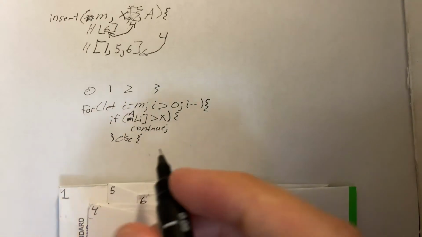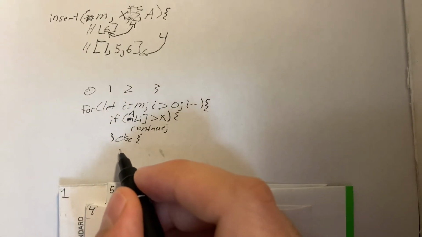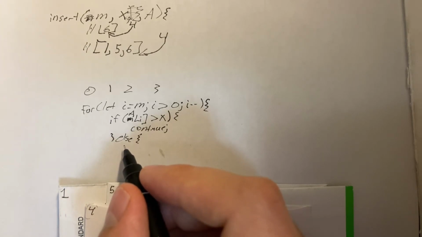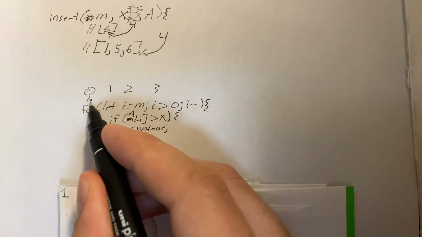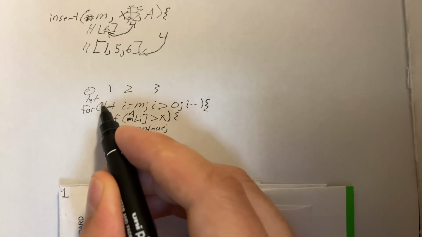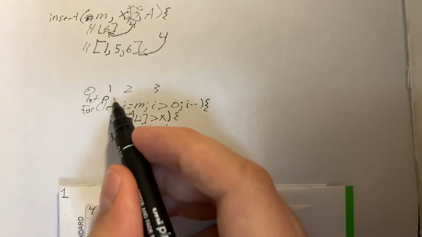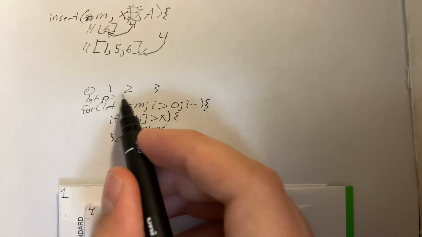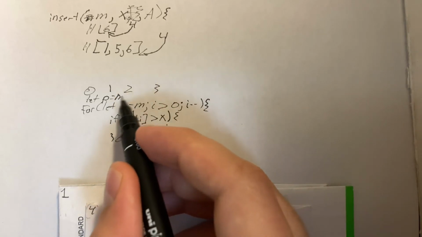And essentially what we do is we need to somehow record the value of I plus 1 and then use that in our next set of logic we're going to write. So we're going to create a variable called P, which is going to stand for place, the index of the place we need to insert x into. And first we're just going to say that P is M.